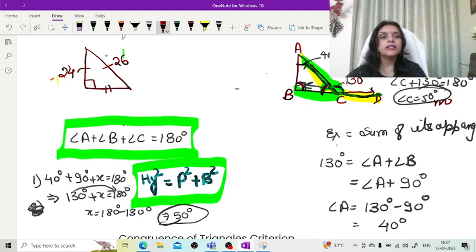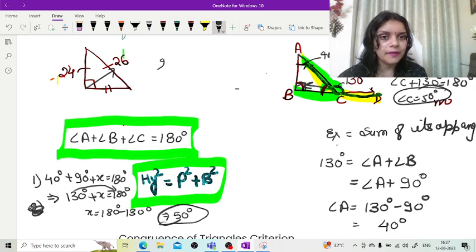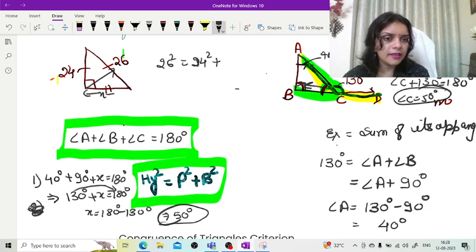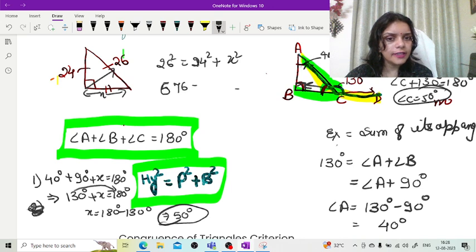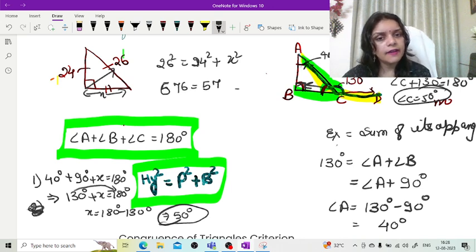How can you find out this one? We know that the opposite side of 90 degree is hypotenuse. That means hypotenuse square, 26 square, will be equal to perpendicular square, that means 24 square, plus base square, that means we are assuming the base is x square. 26 square, this is 676, 24 square, that is 576, plus x square.